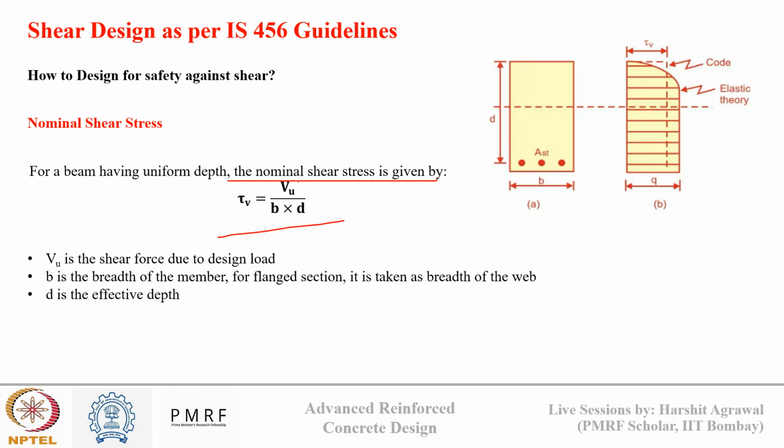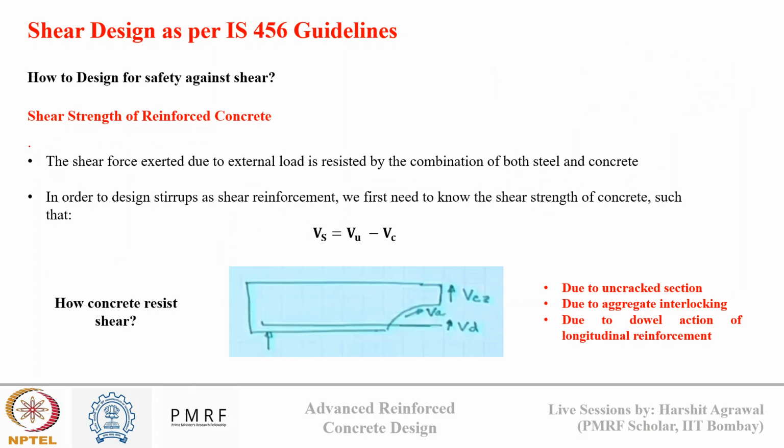If we know the shear force acting on the concrete, we can determine the shear stress by this formula: tau v is equal to Vu upon bd, where we use the shear force acting on the concrete due to design load, b is the width of the member, and d is the effective depth of the member. So this is known as nominal shear stress that we need to design for.